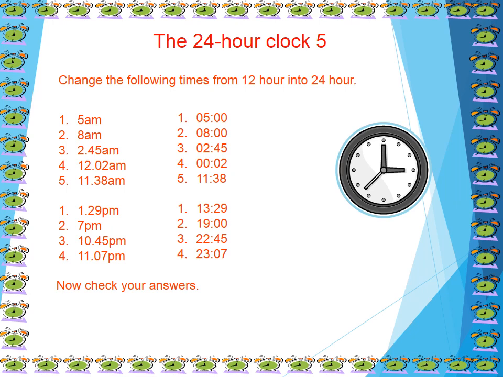We add how much? 12. 7 p.m. becomes 19. 10:45 becomes 22:45. 11 p.m. is 23 and 12 p.m. is 24 o'clock.